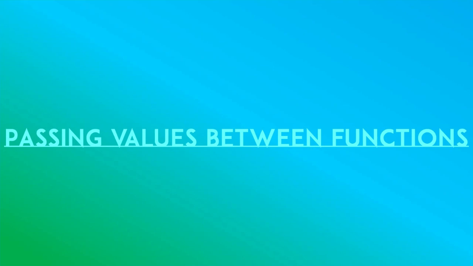You have unknowingly used arguments in the printf and scanf functions. The format string and the list of variables used inside the parentheses in these functions are arguments. Arguments are sometimes also called parameters. Now we will write a program to learn about passing values between functions.